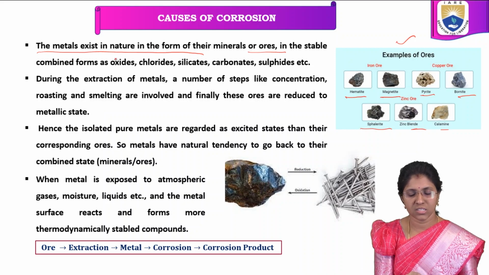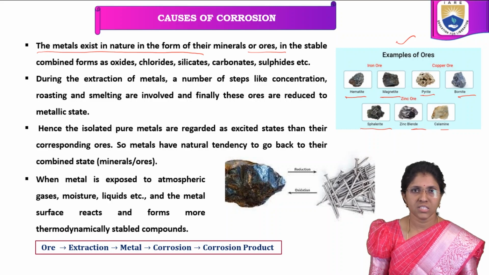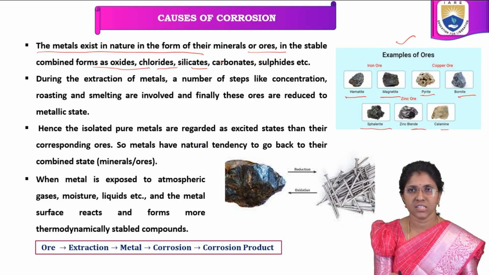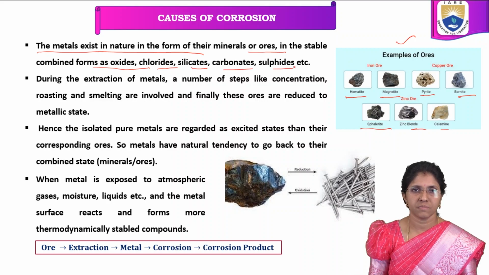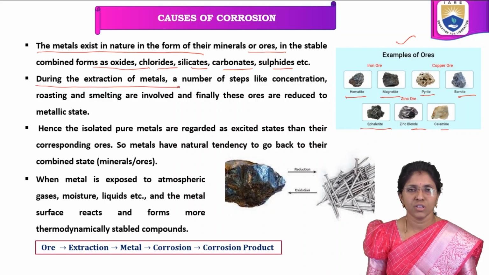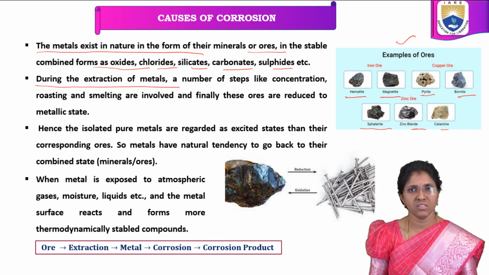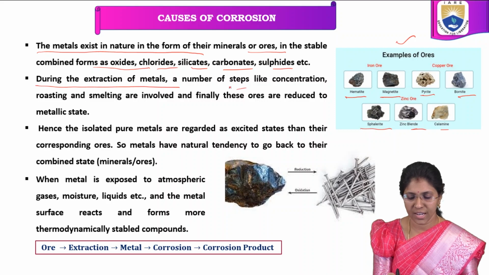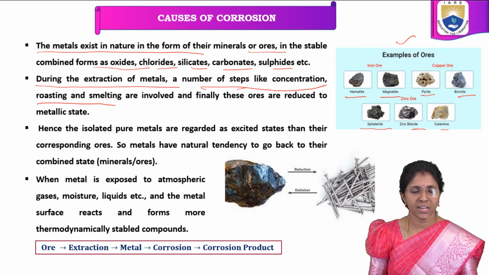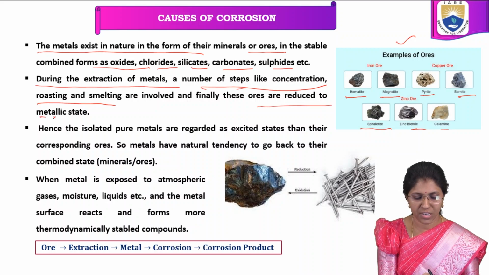These exist in nature in the form of minerals and ores in the stable combined forms of oxides, chlorides, silicates, carbonates and sulfides. During the extraction of metals from the minerals or ores, a number of steps like concentration, roasting and smelting are involved, and finally these ores are reduced to the metallic state.